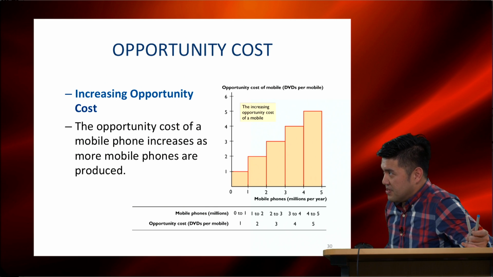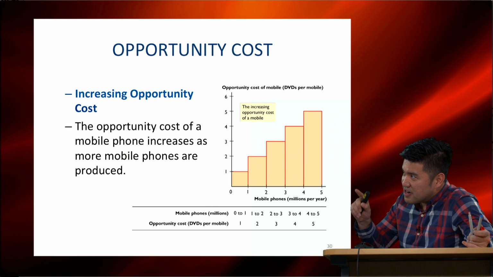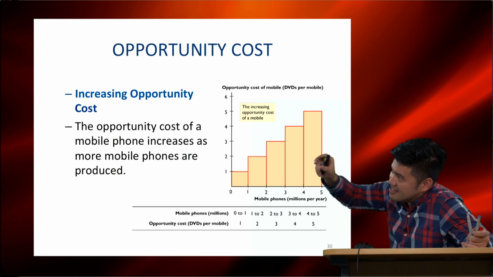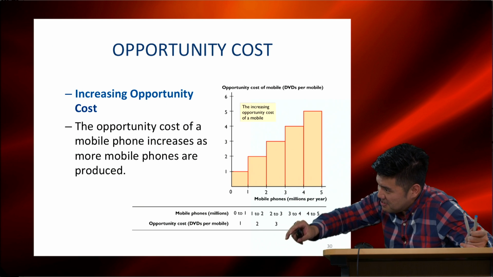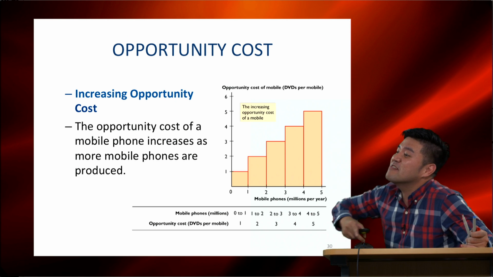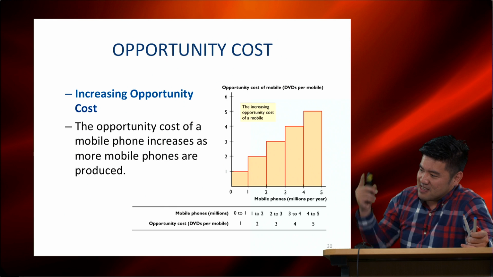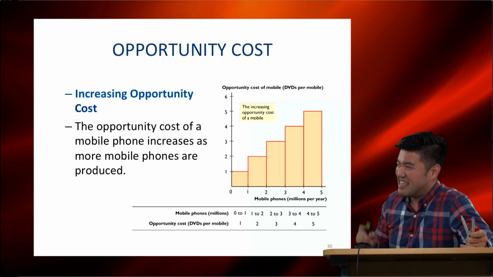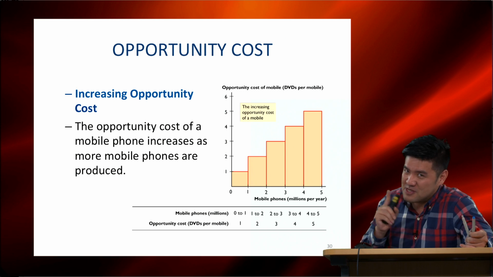Okay? First, you don't have to give up that many DVDs in order to gain an additional unit of mobile phone. But then, you have to give more. You have to give up more of the DVDs to gain one additional unit of mobile phone. Increasing opportunity cost.